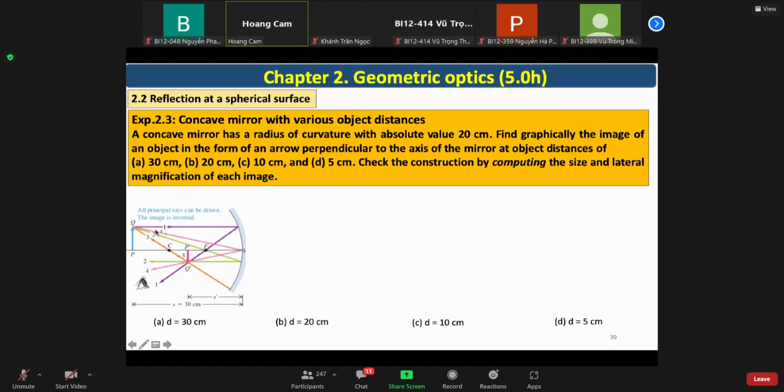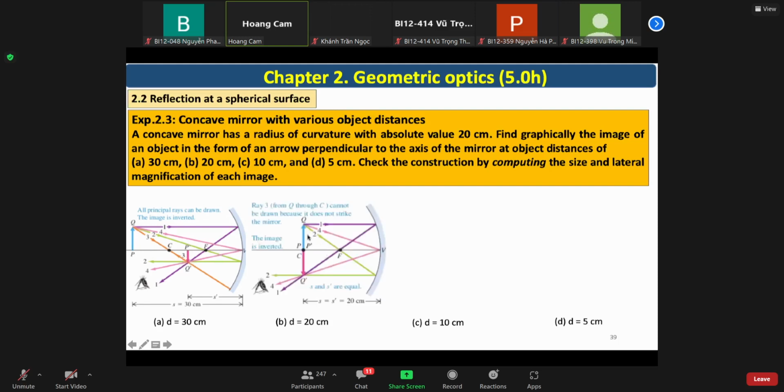You can use only 2 among these 4 special rays of light, and then you can find the image. In the first case, we see the image is real because it is the real intersection of the outgoing rays, smaller than the object, and inverted.